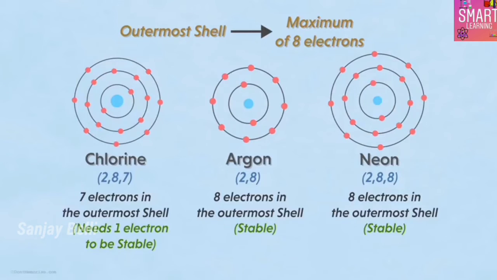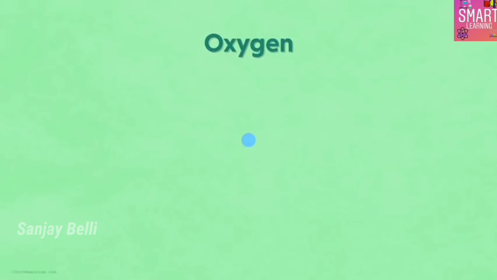However, it is not possible for all to have 8 electrons in the outermost shell. Imagine the case of oxygen. It has a total of 8 electrons. So can we have just one orbital around the nucleus containing all the 8 electrons? Absolutely not.